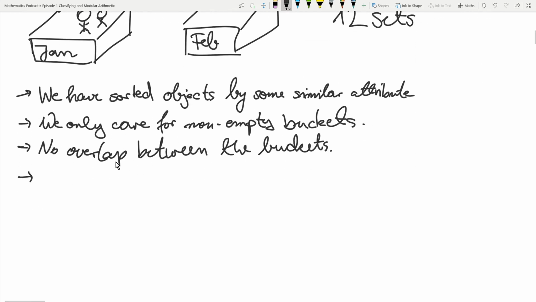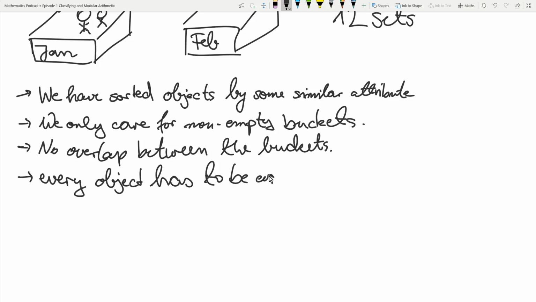So what we could say is every object should be accounted for.